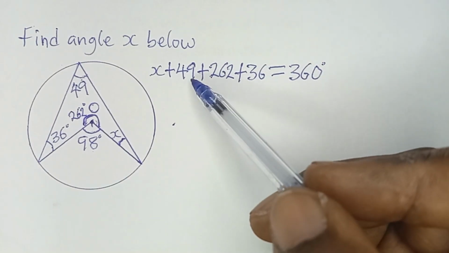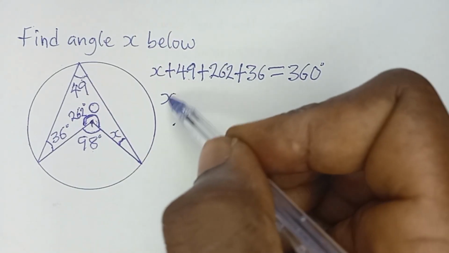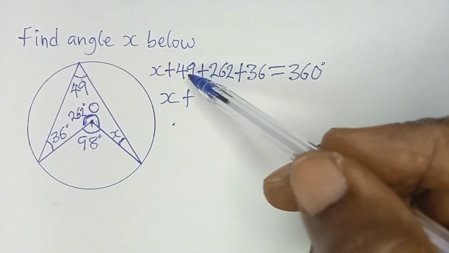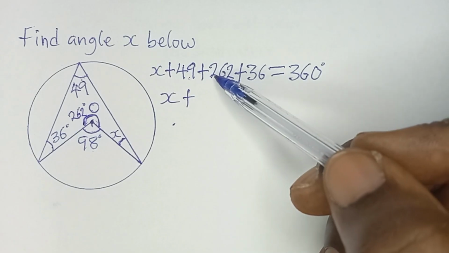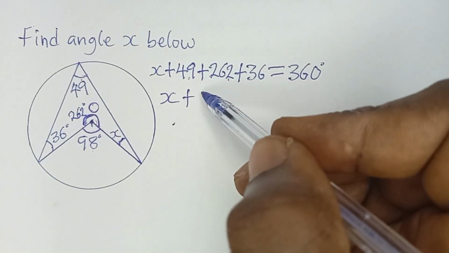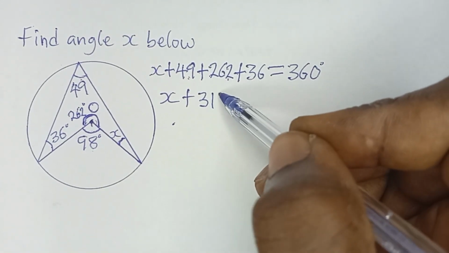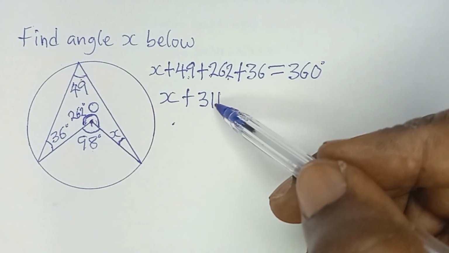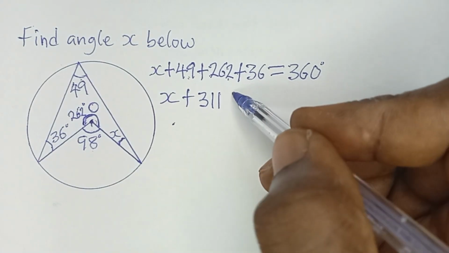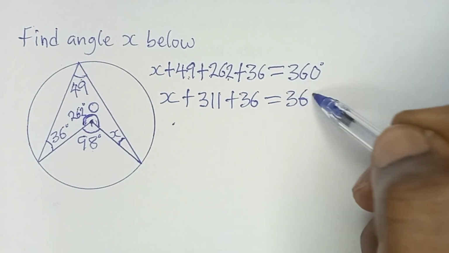Now, let's add these values. Okay, let me put x here. This is x plus 49 plus 262. That will give us exactly 311. 311 plus 36 is equal to 360.